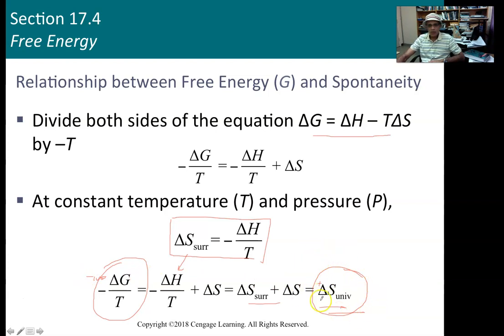So this is one of the criteria of spontaneity that we are going to be using. We already know this one: when the sign is positive, entropy is increasing, and that's spontaneous. But remember, when we bring in delta G, if it's spontaneous, it will be negative.